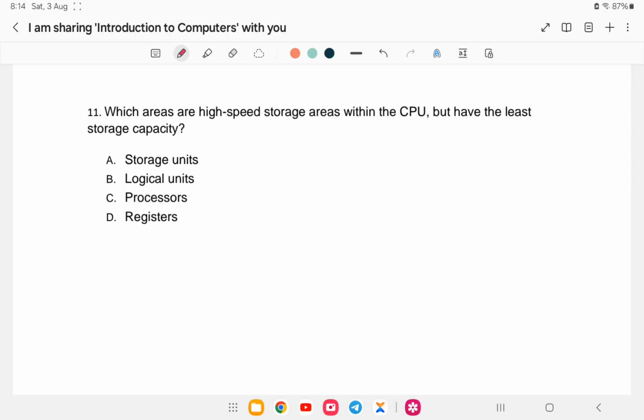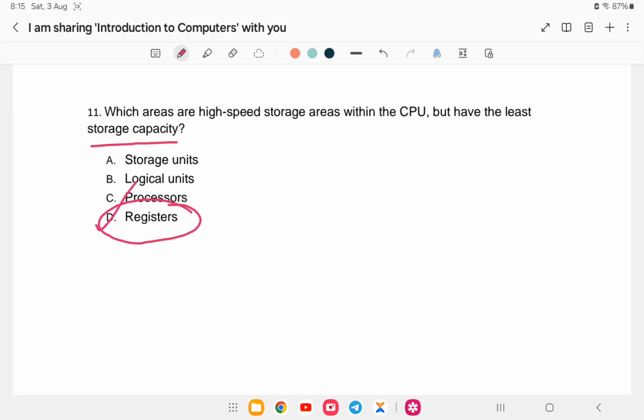Which areas are high-speed storage areas within the CPU but have the least storage capacity? Is it A, storage units, B, logical units, C, processors, or D, registers? The answer is option number D, registers, which have the least storage capacity.